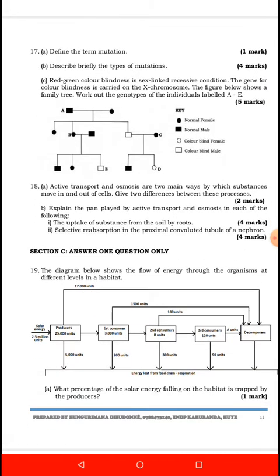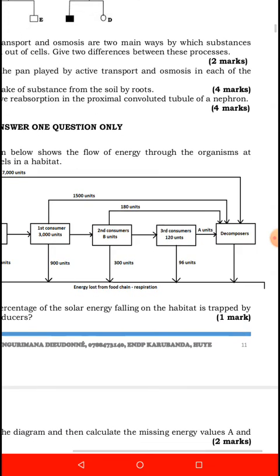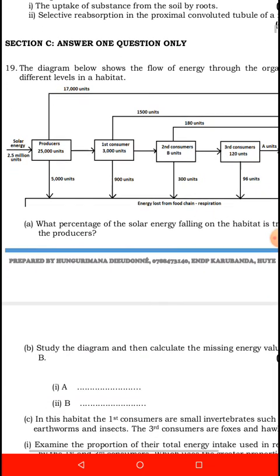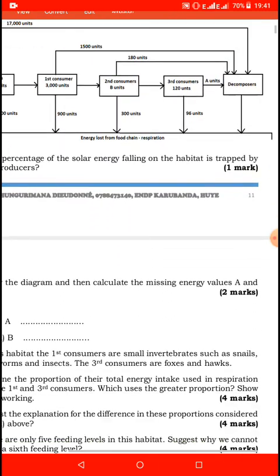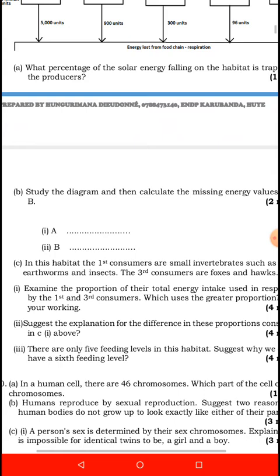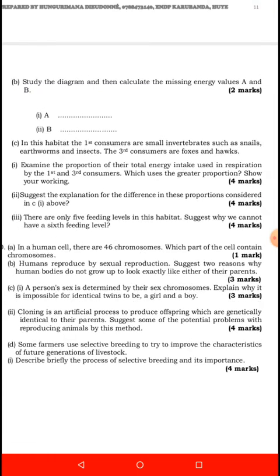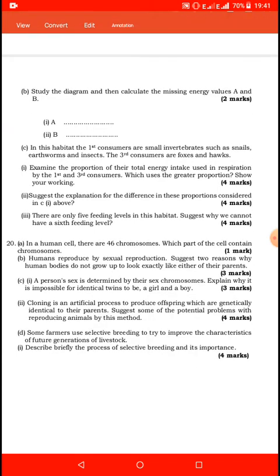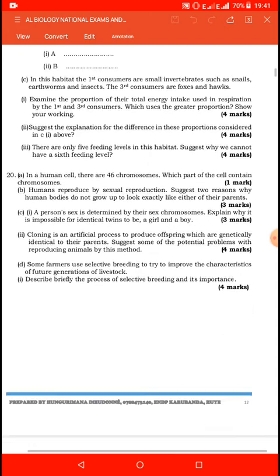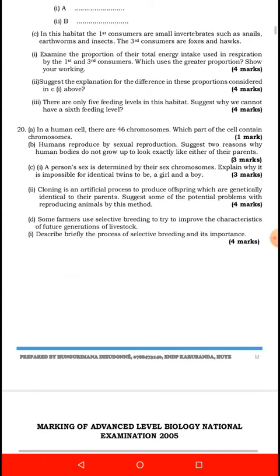Compulsory question, section C. So this is where the question paper comprises 20 questions.